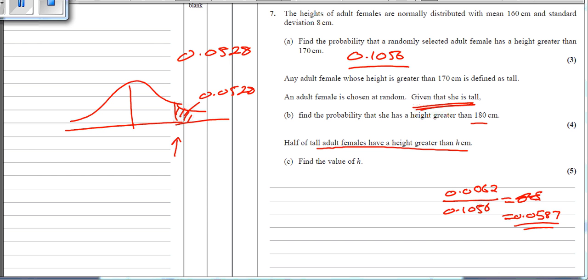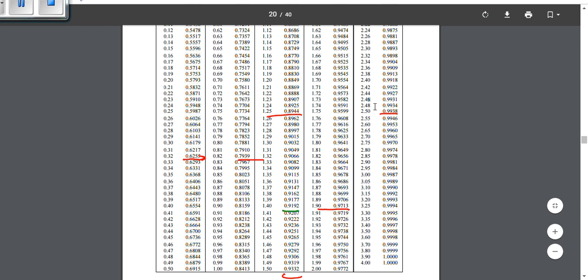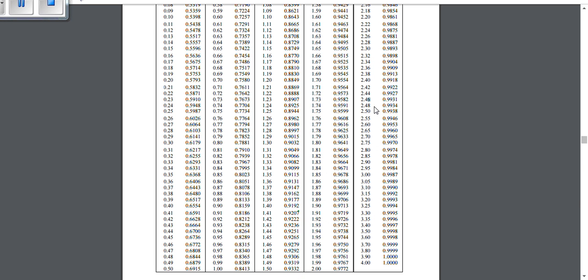The way we do that is, if this is 0.0528, this side here is going to be 1 minus that, which is 0.9472. And if we have a look at our tables here, the closest one to 0.9472 is this one here.